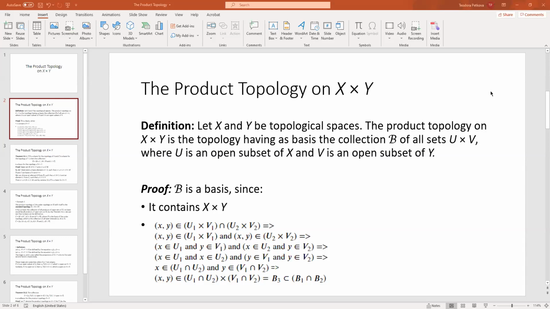Professor Xu, if we can define a topology on Z plus, and we can define a topology on the set of 1 and 2, then can we say that the set X, which is {1, 2} cross Z plus, has the product topology?